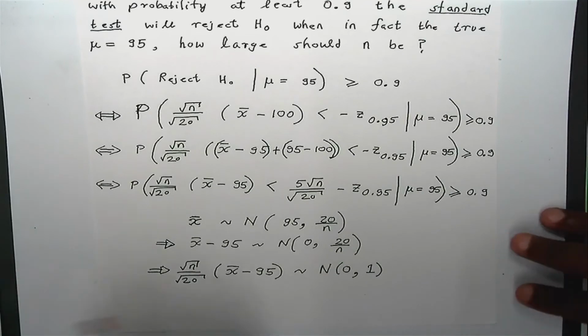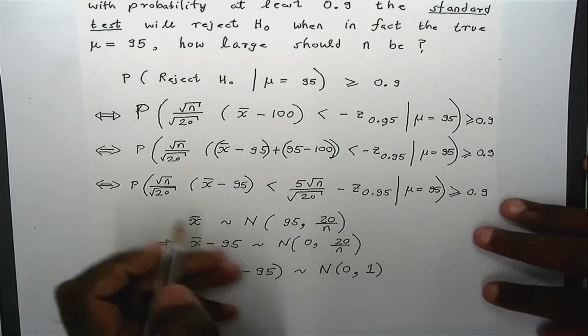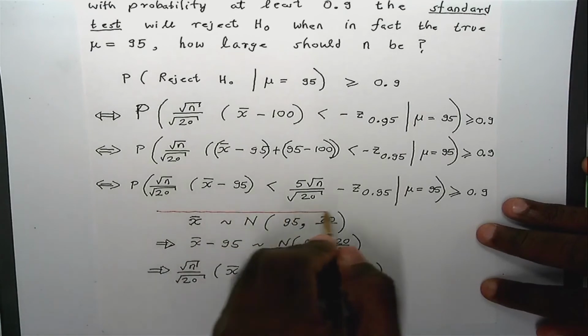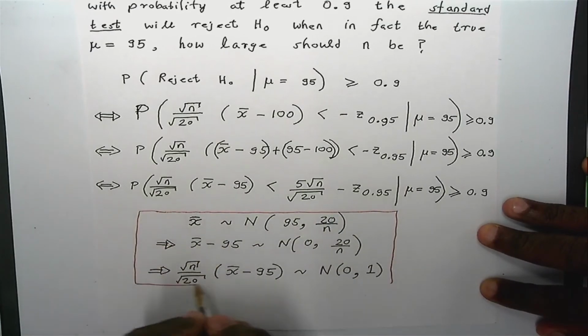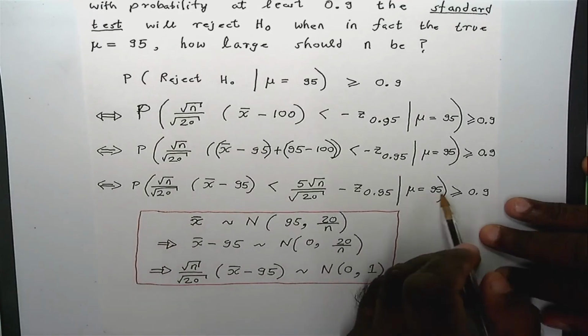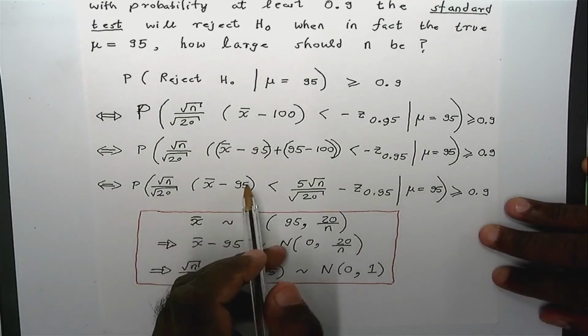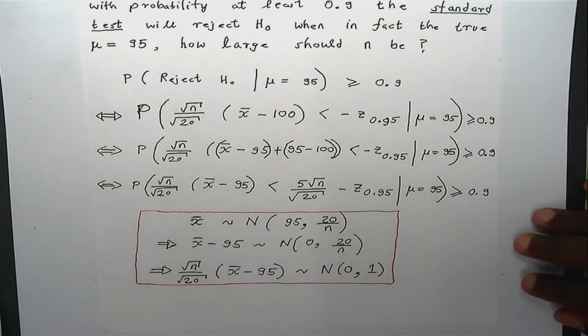So that's what I'm going to use now in the next line. In the next step, I'm going to use this result, that conditional on mu equal to 95, this guy has the standard normal distribution, right?